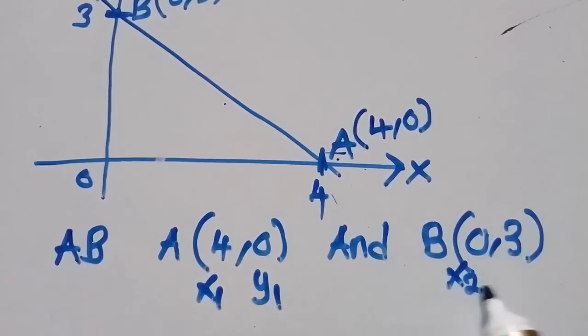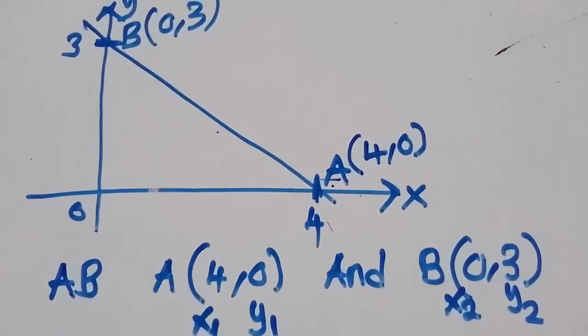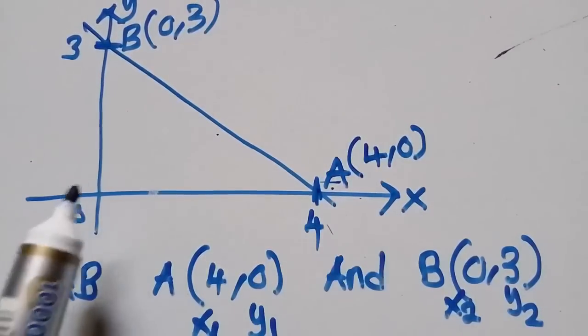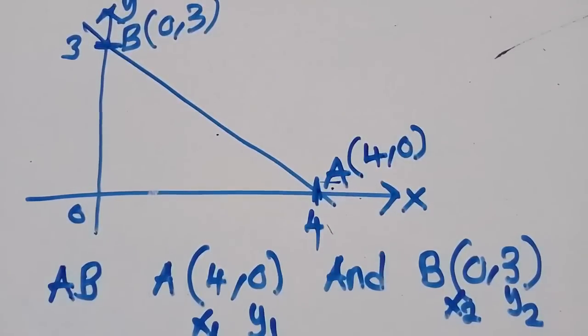This is x2, this is y2. Can you fail to find the distance? No, you cannot fail. So these are simple stuffs that you need to do. It's just a matter of understanding the question. So if you are given to find AB, you just get A coordinate, B coordinate. Find the midpoint. You get this one and that one. Then you work out with the formula which I've given you.